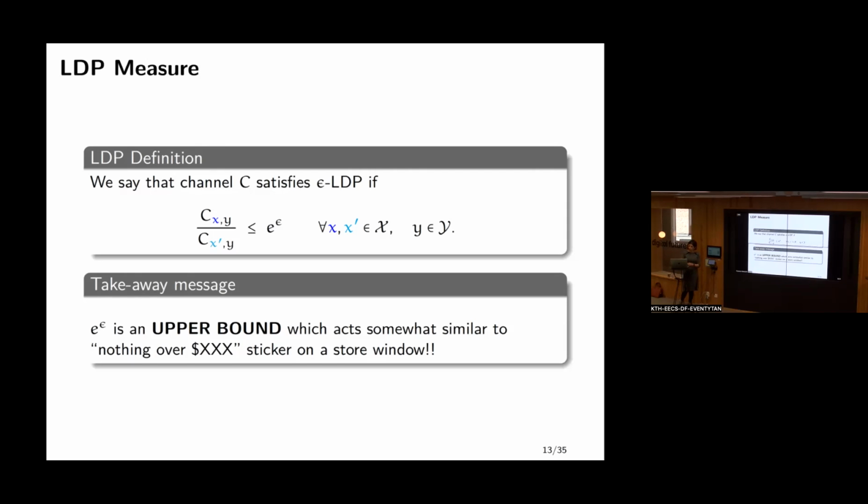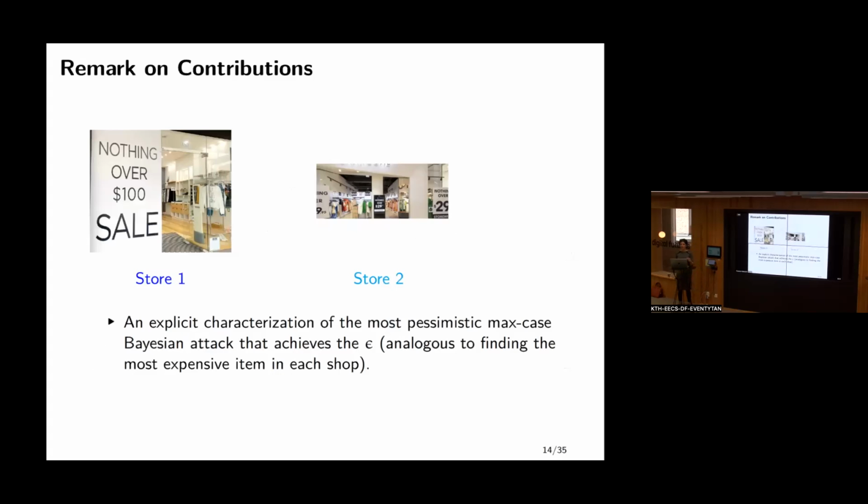And our contribution in this work is that we are providing an explicit characterization of the most pessimistic, max case Bayesian attack that can actually happen in such a channel, related to that sticker value. So it is analogous to finding the most expensive item in each of these stores. Let's say, what is the item that achieves the highest price?